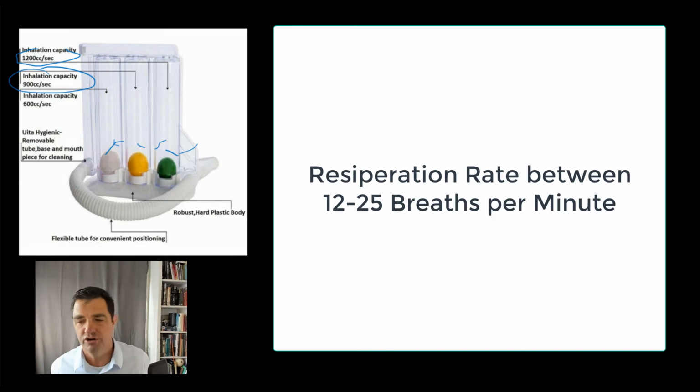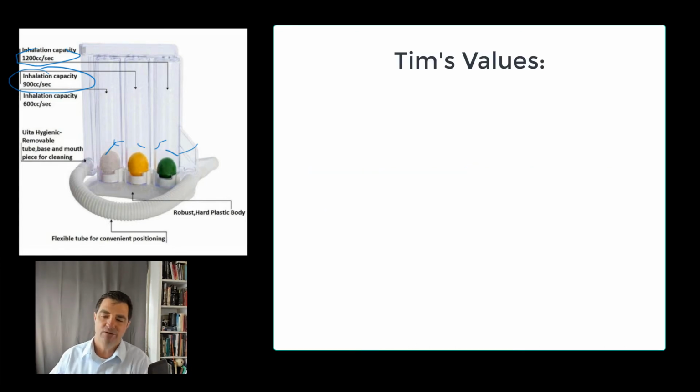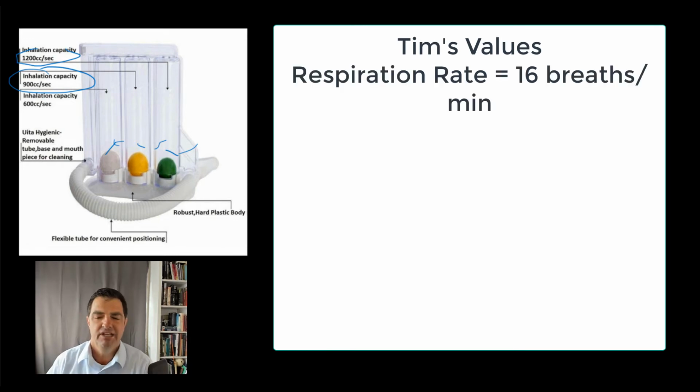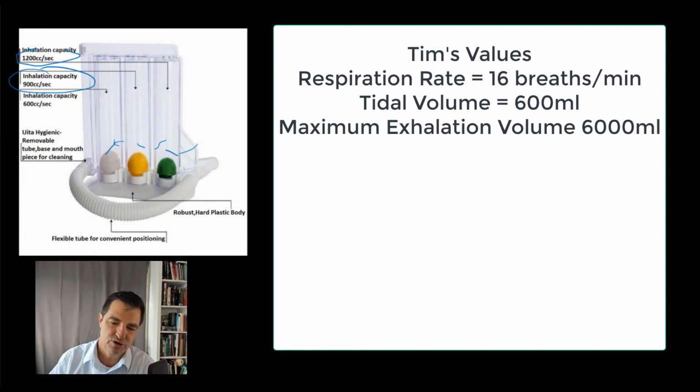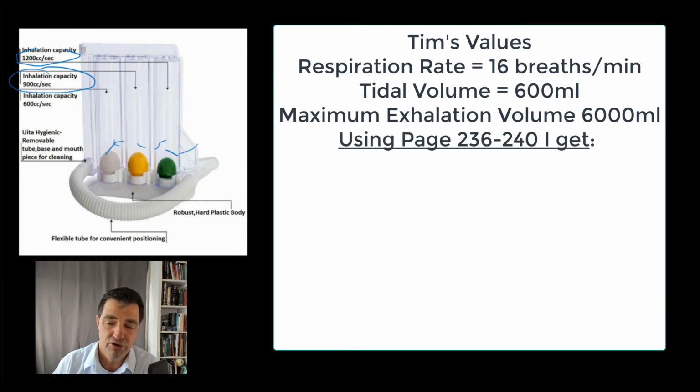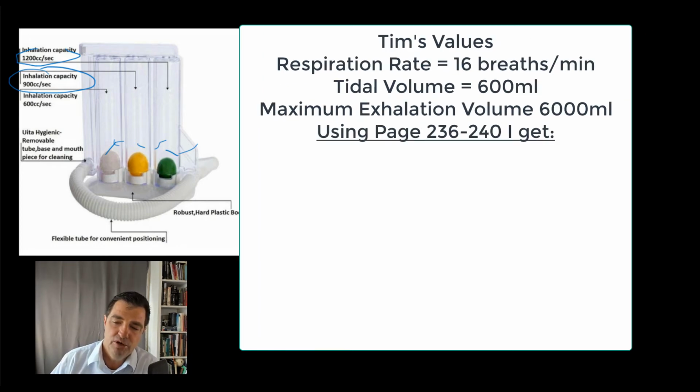You can measure your own by counting how many breaths you take in a minute. It's a little tricky to do yourself, because as you think about your breathing, it starts to influence how you breathe. So often it's better to have somebody else count your breaths for you, or to use a device, which is more accurate.